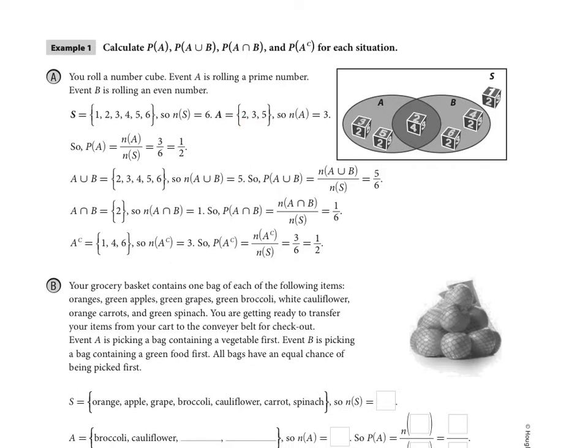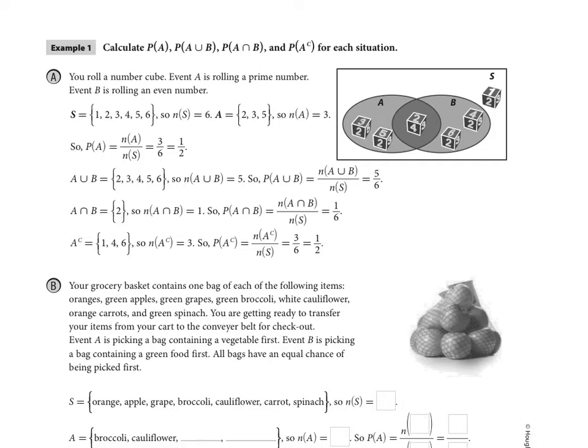That's prime. So the number of items in the set A is 3. And so the probability of rolling a prime number is 3 possible outcomes in set A divided by the total number of outcomes, which is 6, or 1/2 when we simplify that fraction.